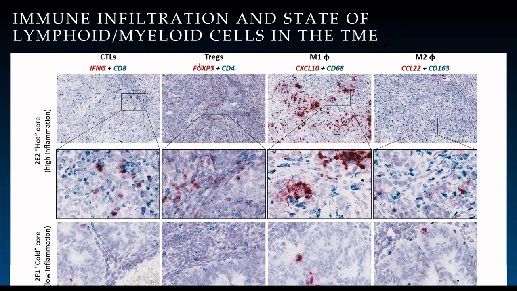Now, the markers mentioned here are specific for cell types such as cytotoxic T lymphocytes or T regulatory cells or M1 and M2 macrophages. What is shown here is that the core 2E2, which showed a high degree of checkpoint marker expression, is also showing a high degree of immune cell infiltration compared to the 2F1 core.